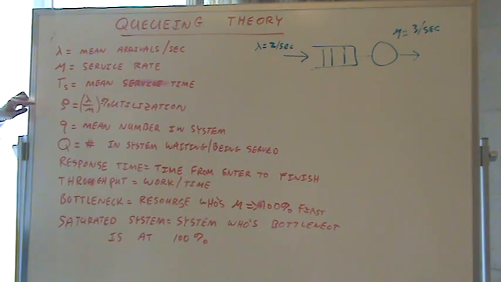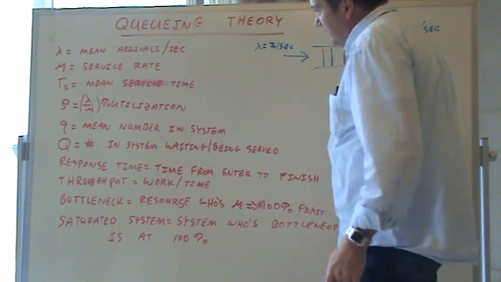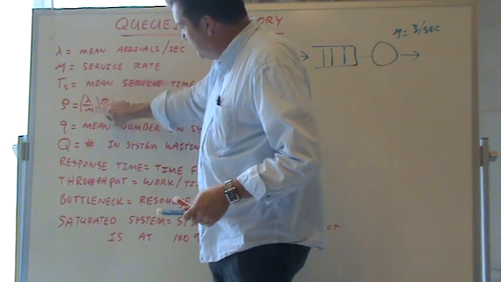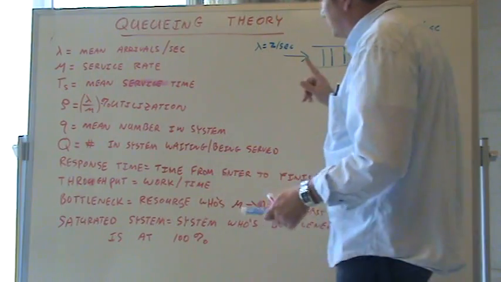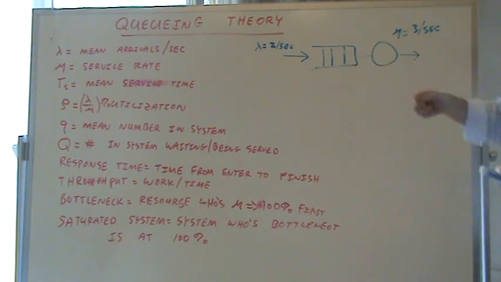Another interesting statistic would be the Greek letter rho. In this case, rho is equal to lambda divided by mu. What rho ends up being is the percentage of time that this device is doing something.